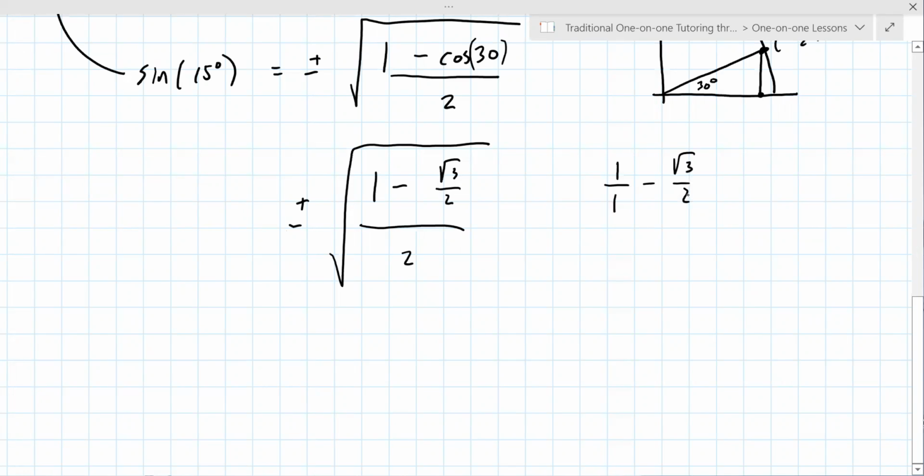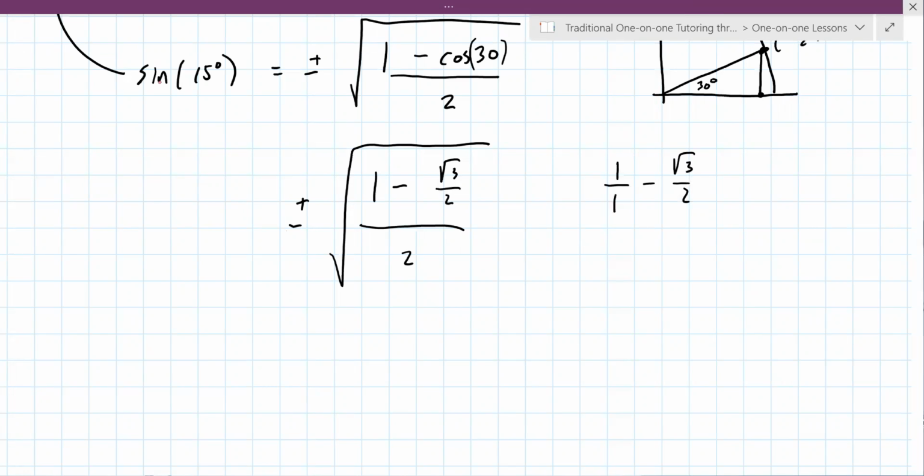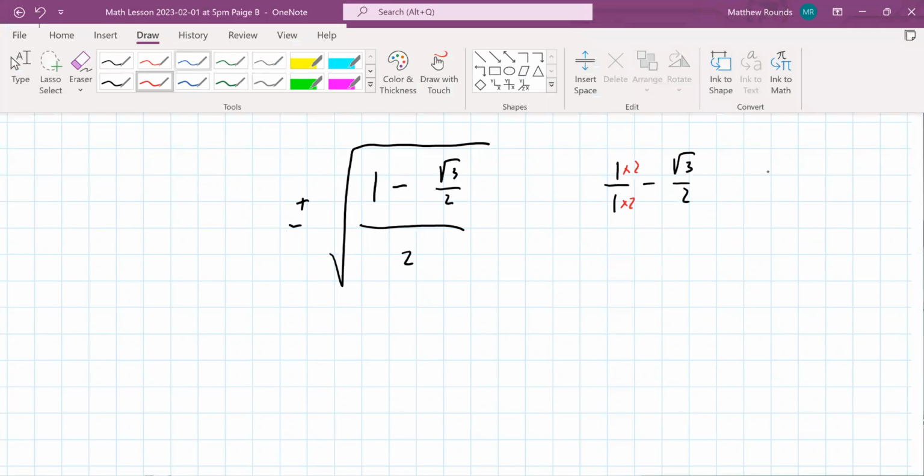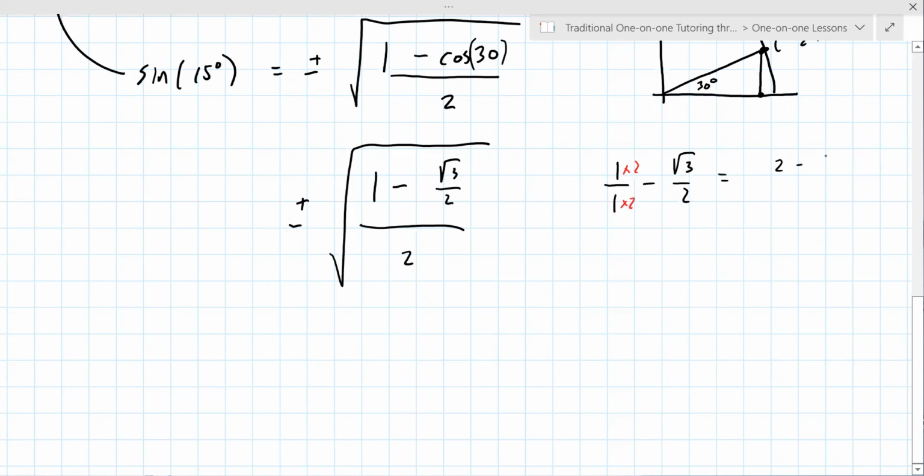You want to make a common denominator, so you multiply the top and bottom by 2. So this becomes 2 minus square root of 3 over 2. So it's 2 minus the square root of 3 over 2, all over 2.